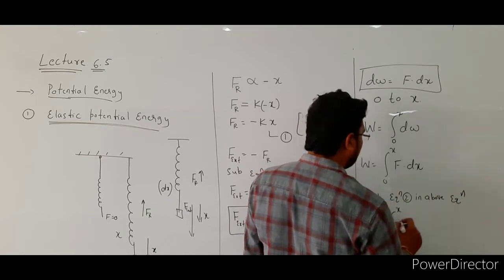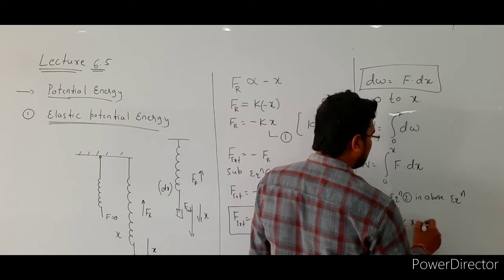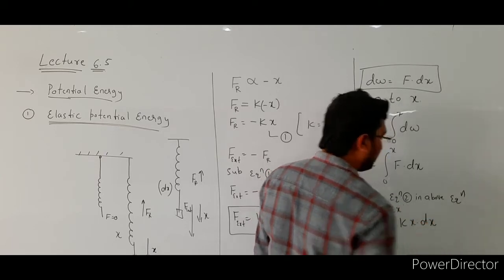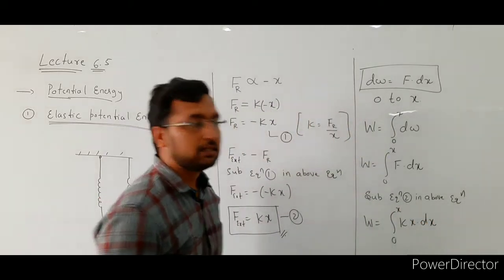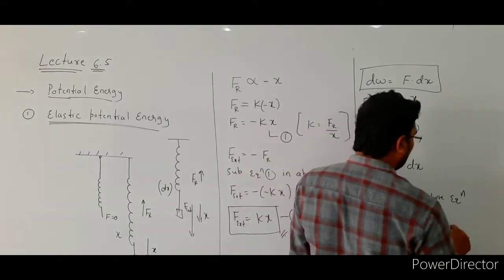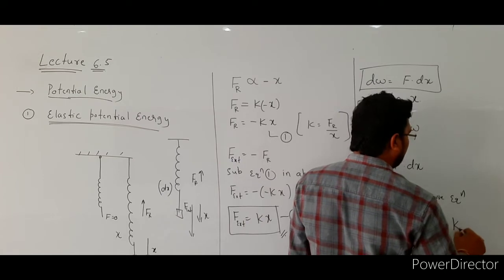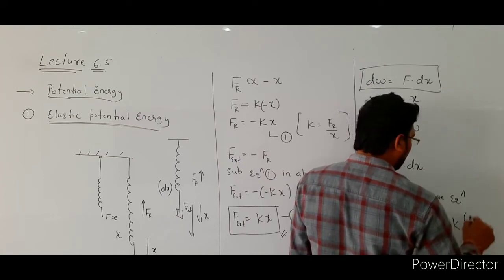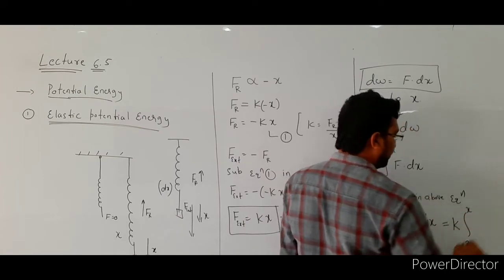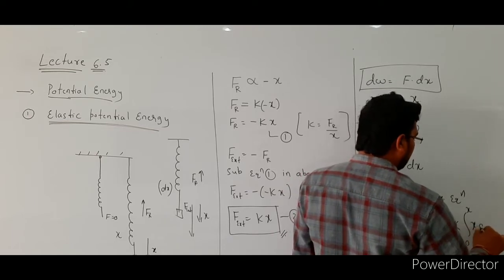The force value is K into X with respect to dx. This is equal to, in this case K is a constant term, take K outside, integration from 0 to x, x into dx.